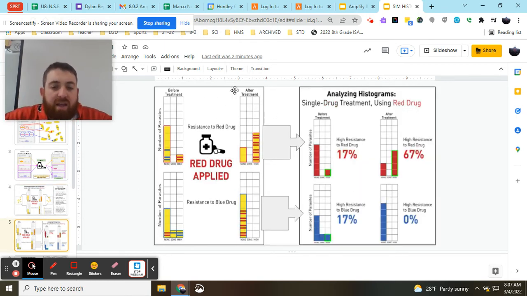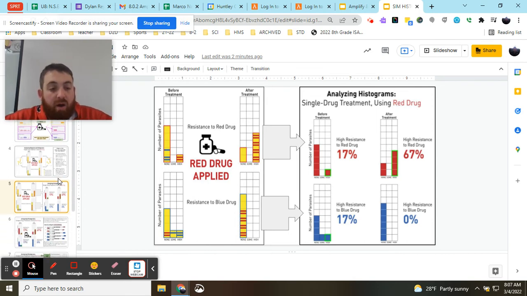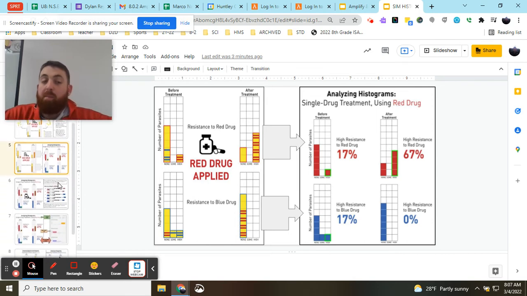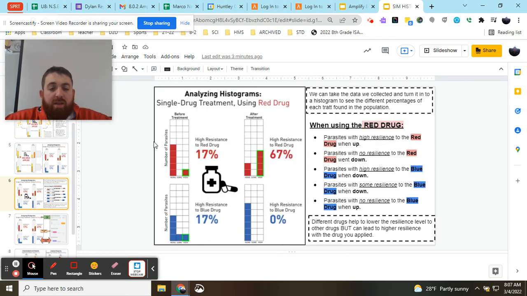Now, we're going to take these different histograms that we just looked at, and we're going to turn them into histograms where we can see the different percentages of our different traits. So when we look at these histograms, please know that these are the same histograms that we just looked at before.